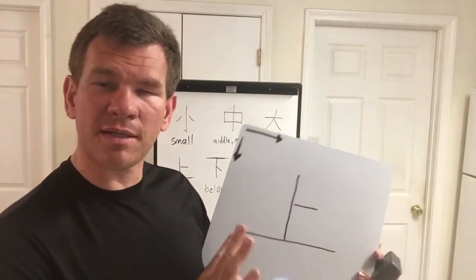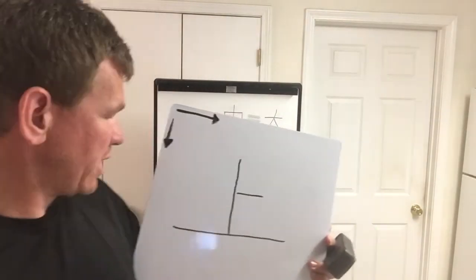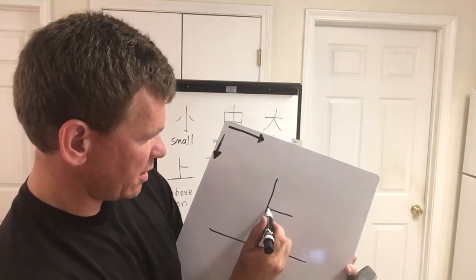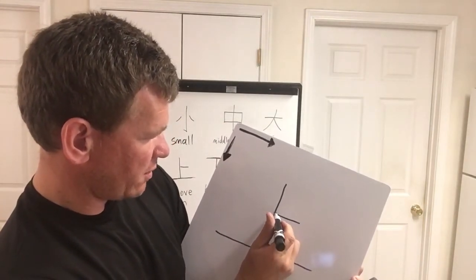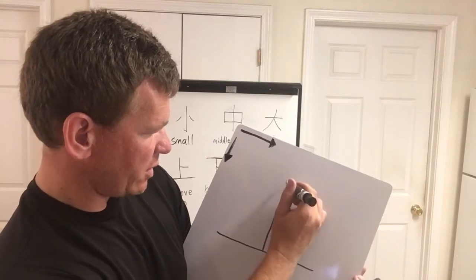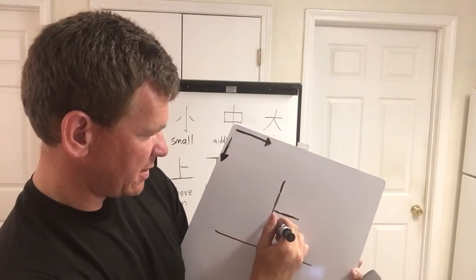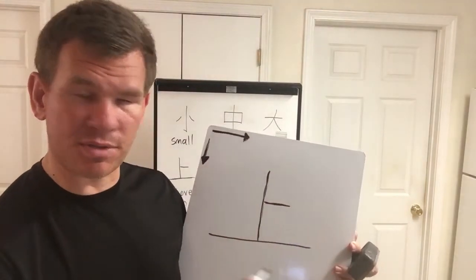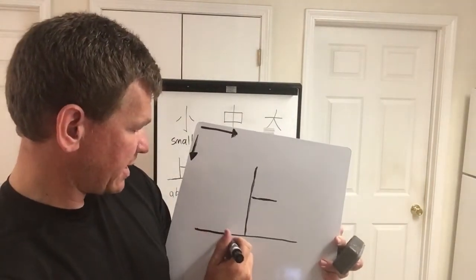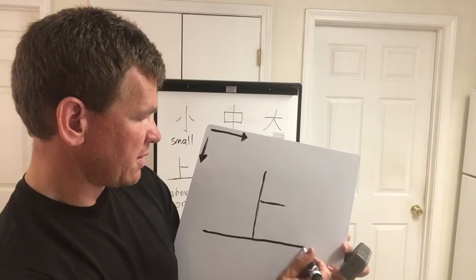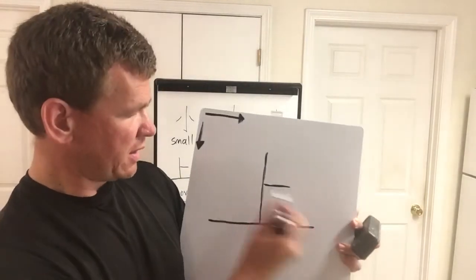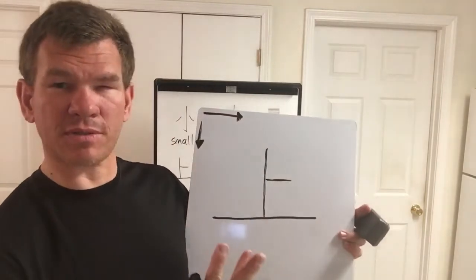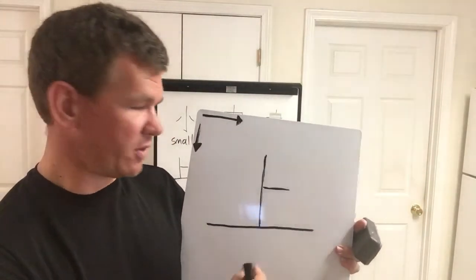So the middle line first, and they're going to connect. When you go down, you're going to want to connect that second stroke with the first stroke that you just drew. And then you're going to want to connect the last stroke with the second stroke you drew. So left to right, top to bottom, left to right. 3 strokes. This means above or on.